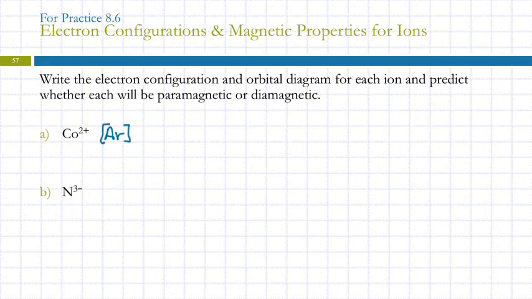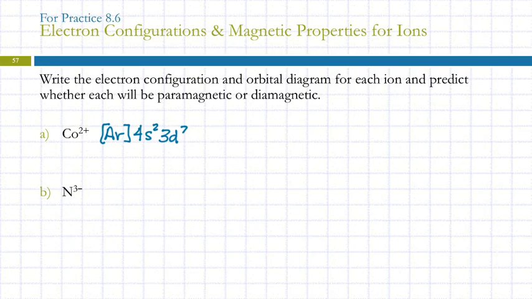And then after argon, we've got 4s2 and 1, 2, 3, 4, 5. Is that 7? Cobalt 7. It's 3d7. That's the neutral atom.